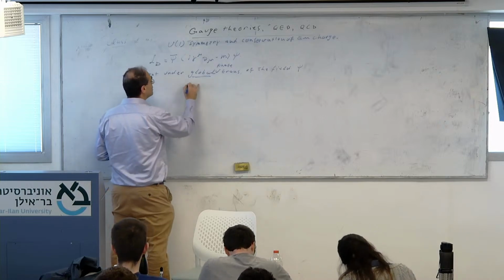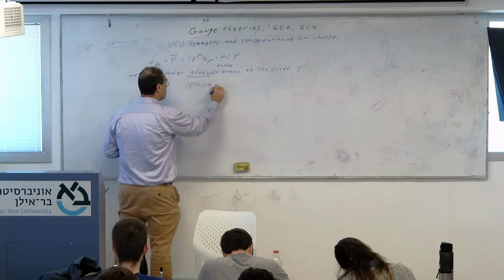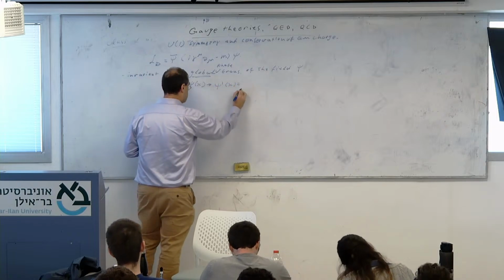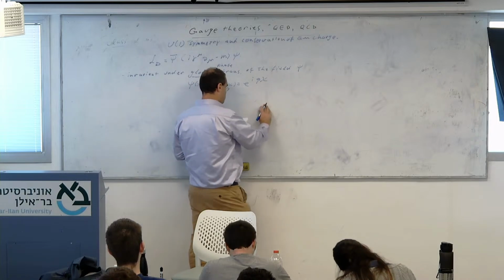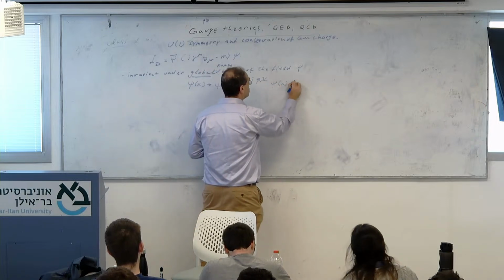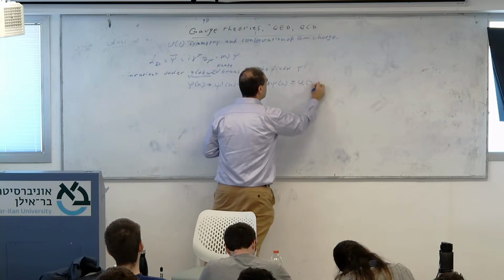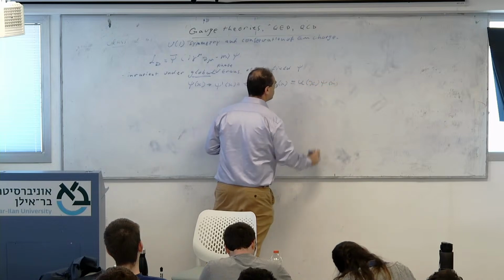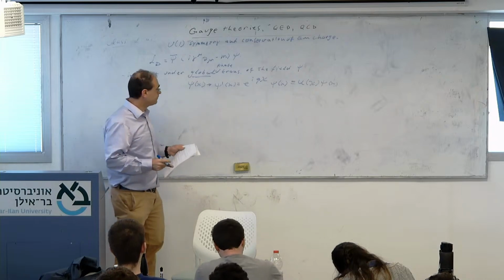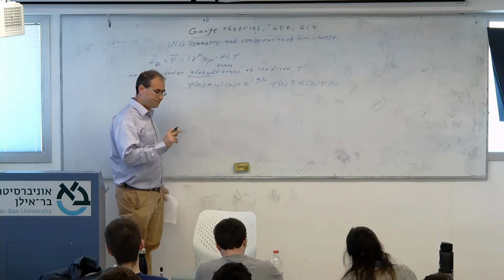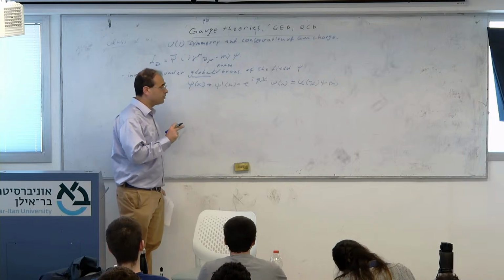Global phase transformation means that psi of x goes to psi prime of x, which is e to the i Q chi times psi of x, which is also U chi psi. The real question is, what is Q?